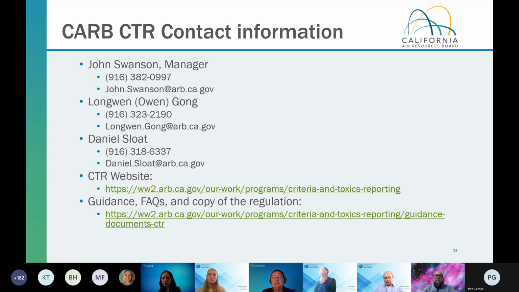You'll be in compliance with CTR if you've provided that data for the 2022 emissions year, and then annually for 2026 and forward. Some districts have decided that once a facility is in the program, they want them to continue to report annually, and that would supersede the minimum CTR requirement. So, Janya, do you want to follow up on that?